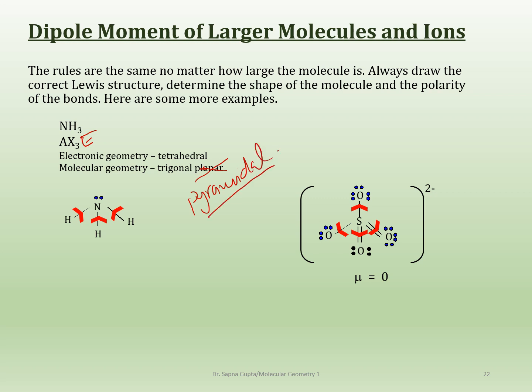So AX3E, and then electronic geometry is tetrahedral, molecular geometry is trigonal pyramidal. So if it is trigonal pyramidal, then everything is at an angle. And what is that angle? That angle is 109. Okay, so which means that when nitrogen, being more electronegative, pulls electrons towards itself, you are going to have a dipole moment in that case.